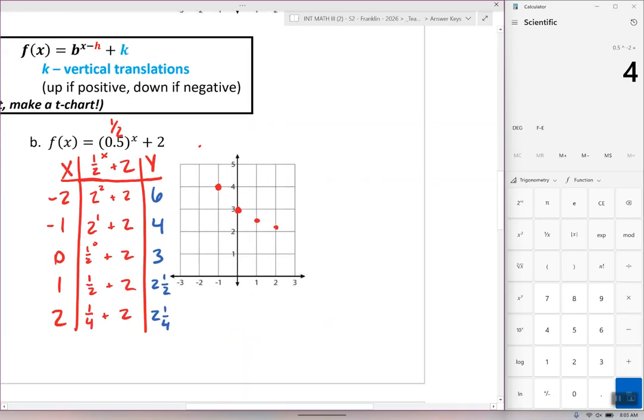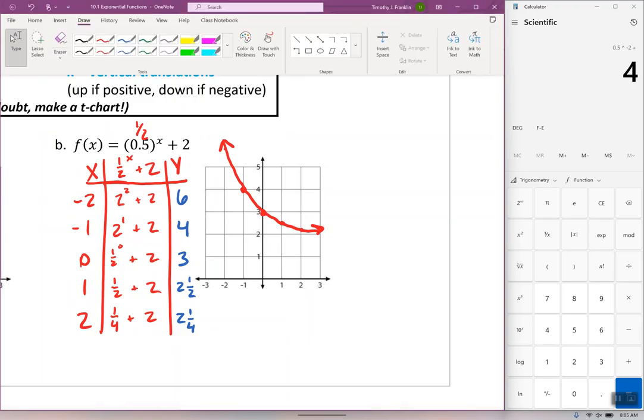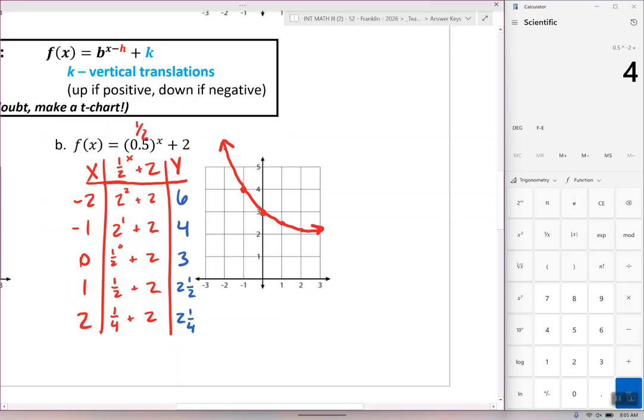This is interesting. See what's happening here? I'm going down, but I'm not approaching 0. I'm approaching 2. So I moved from my asymptote being here, moved it up 2 spaces to here. And that's because of this plus 2 right there. So that's going to change where your asymptote is.